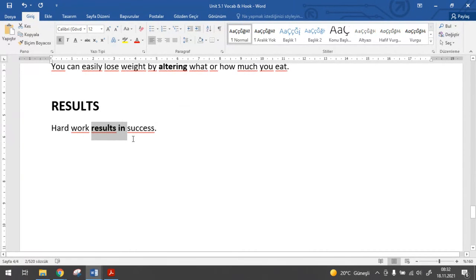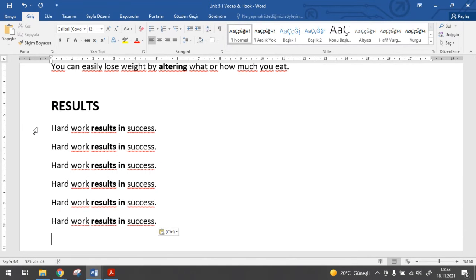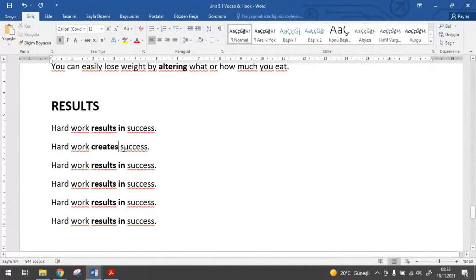what other words can you use? Let's change it and write it in different ways. Hard work results in success. Hard work creates success.